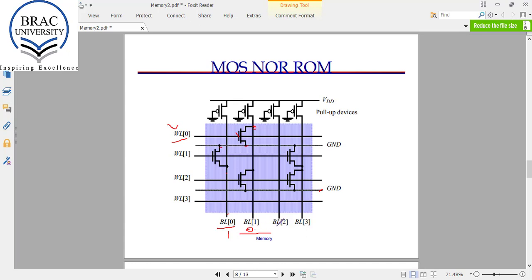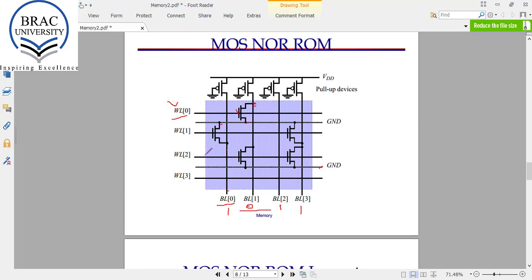And again, at BL2 there is nothing in this line connected with ground, and it is connected with a pull-up device, so the value will be 1, and again here we will have 1. So we can say, if we have a transistor at a junction, then that location will hold a value 0, otherwise that location will hold a value 1.